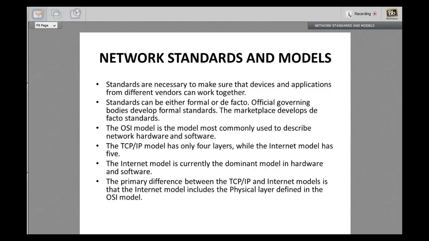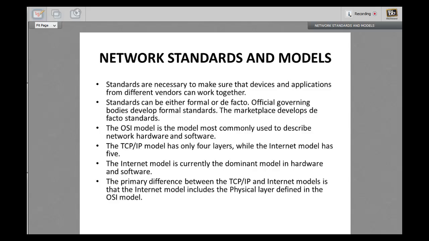This textbook describes it as having 4 layers, so stick to that, because other textbooks describe it in 5 layers. But for our knowledge here, stick with TCP/IP having only 4 layers, while the internet model has 5 layers.